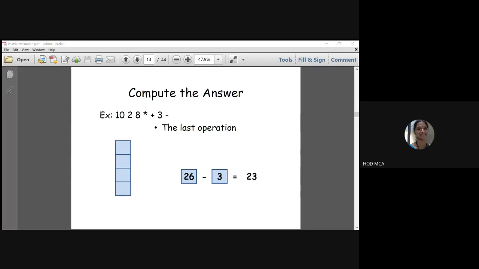Can we do one more example? Yes, ma'am. Yeah. I will put it on the notepad.